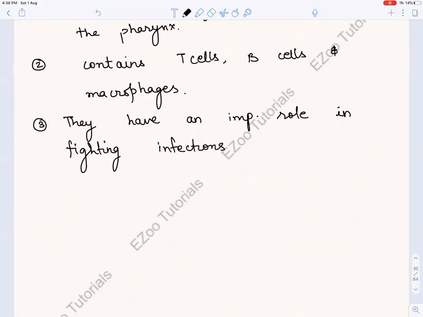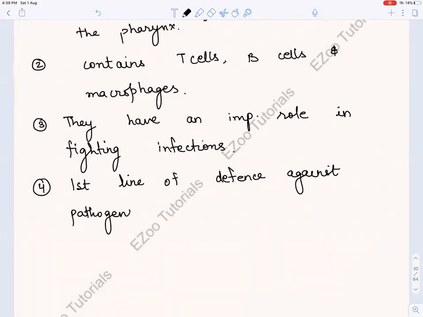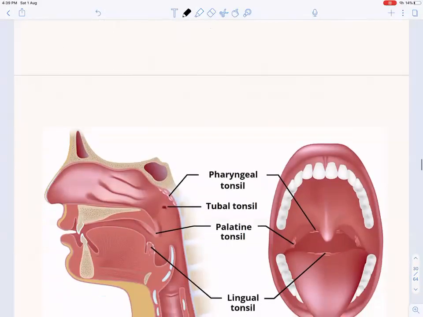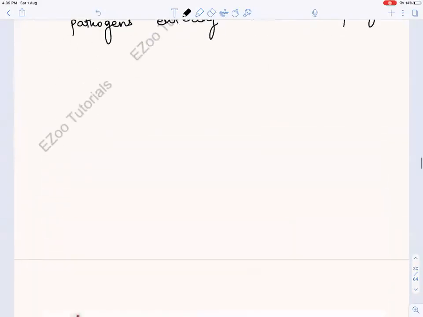And since they are fighting infections, we can also say that they are the first line of defense against pathogens entering where? Nasopharynx and oropharynx. Okay, few things we should write so that we remember. Now let us see the tonsils. These are the tonsils, but first I'll draw and then tell you.